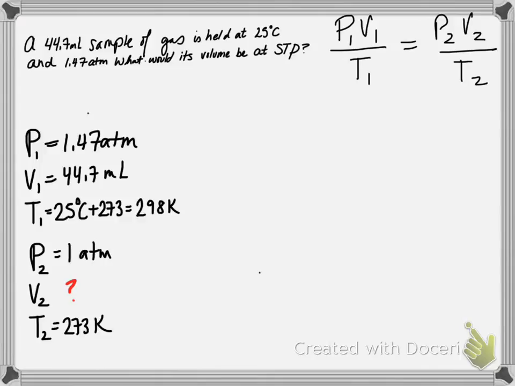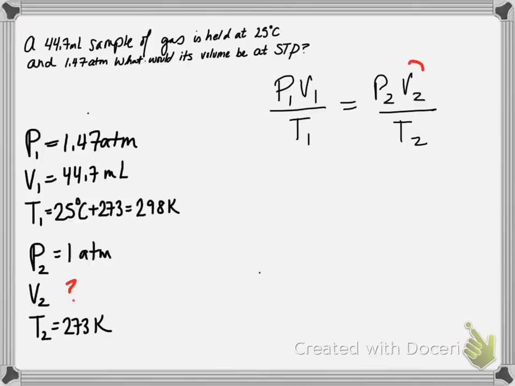Now that we have our variables listed and we know what we're going to solve for, it's time to rearrange. It's basic algebra, but you have to rearrange before you plug in. It's helpful to circle the variable that you're solving for. In this case, we'll circle V2, our final volume.